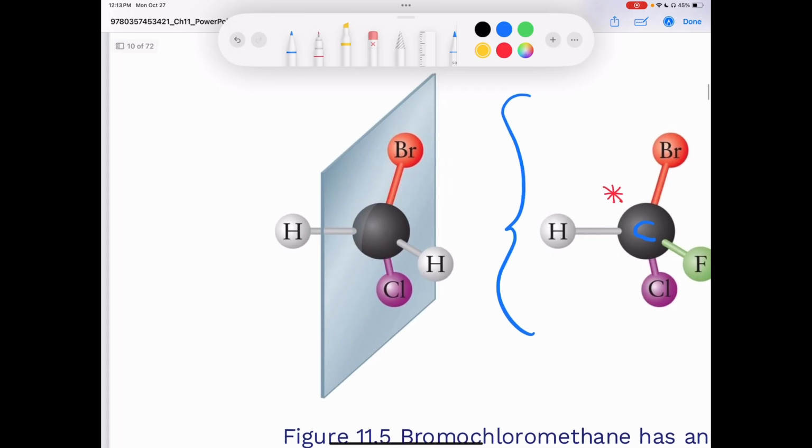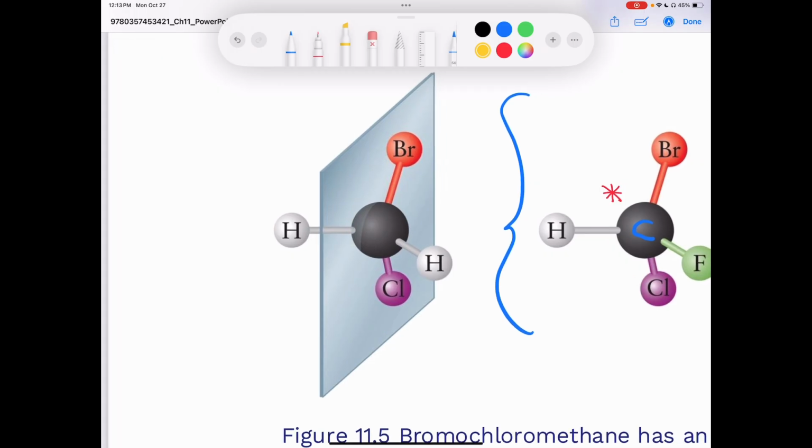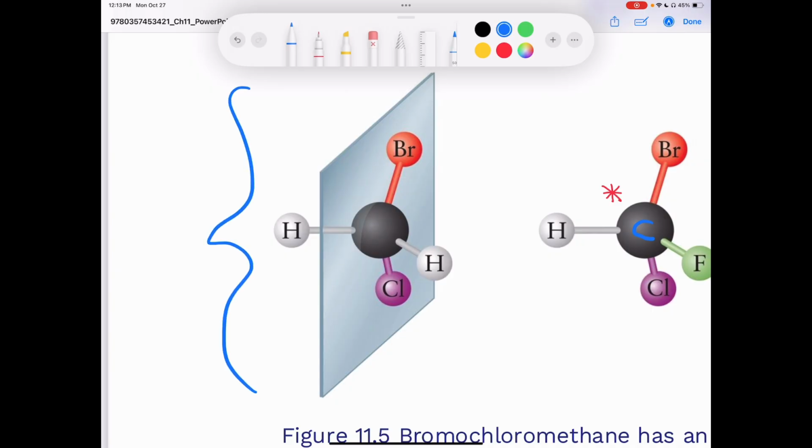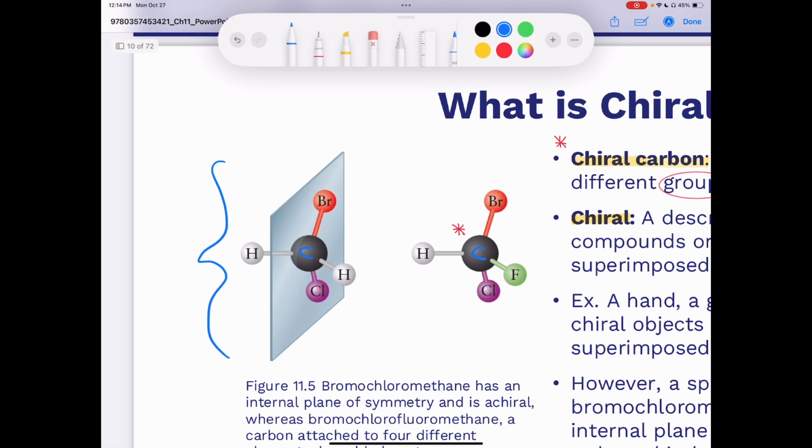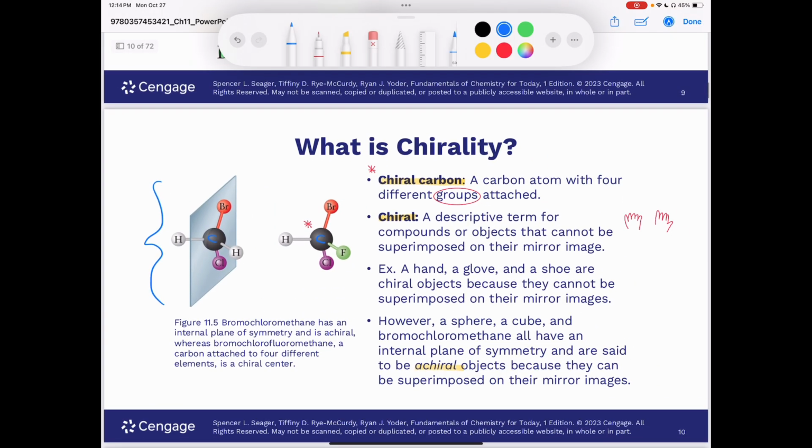In bromochloromethane, there is an internal plane of symmetry, which is why they show a mirror here. This carbon is not attached to four different groups. It's attached to two identical hydrogens, and therefore, by definition, it is not a chiral carbon.